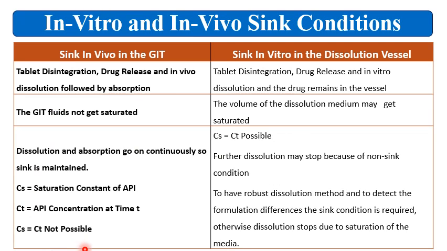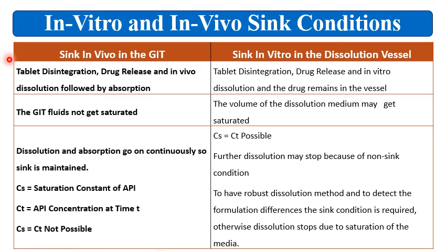Now based on that equation we can consider whether the sink conditions are related to in vivo and in vitro, that is, in vivo means in the GIT and in vitro means the dissolution vessel.